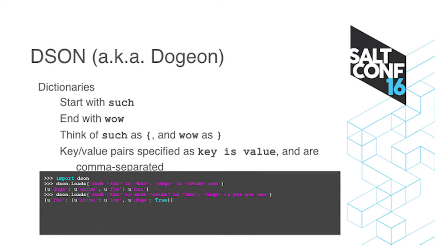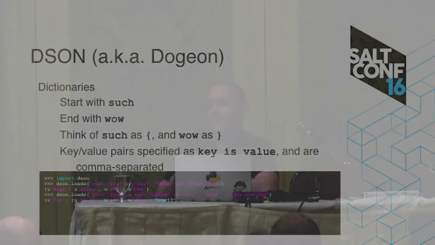Hopefully that bit at the bottom is readable. A dictionary will start with such and will end with wow. The left curly brace, think of that as the word such. The right curly brace, think of that as wow. As you can see in the first loading example, we have a two-element dictionary, the key-value pairs being key is value.